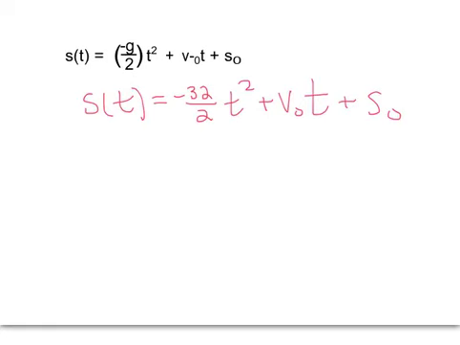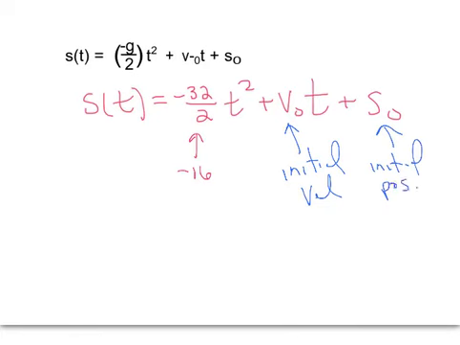On Earth, you would have negative 16 t squared plus v naught t plus s naught. Okay, and do you remember what v naught means? It is your initial velocity. And then what about s naught? So remember, we're using s for position. So this is your initial position wherever you're starting.